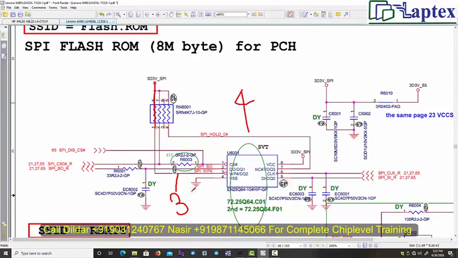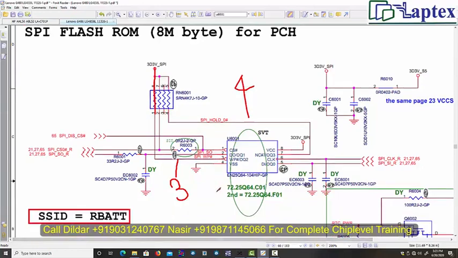So WP is the write protection, and it is an active low signal. When it goes low, it will stop the entire BIOS from writing. So what is the advantage of this pin?